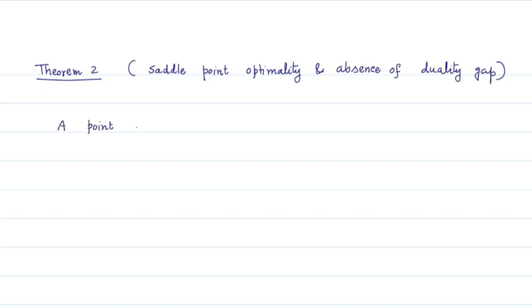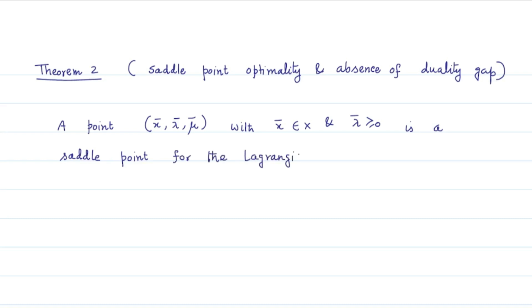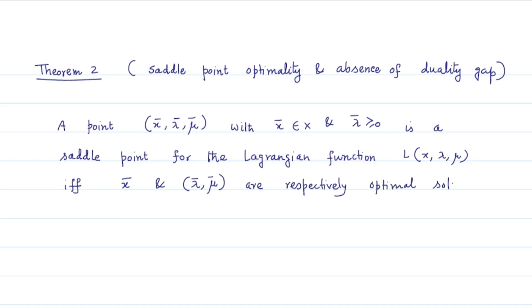It states that a point (x bar, lambda bar, mu bar) with x bar belonging to capital X and lambda bar greater than or equal to 0 is a saddle point for the Lagrangian function if and only if the point x bar and (lambda bar, mu bar) are respectively optimal solutions to the primal and dual with no duality gap.